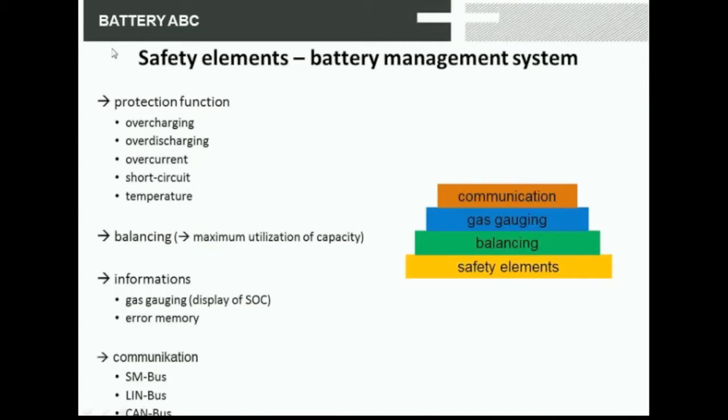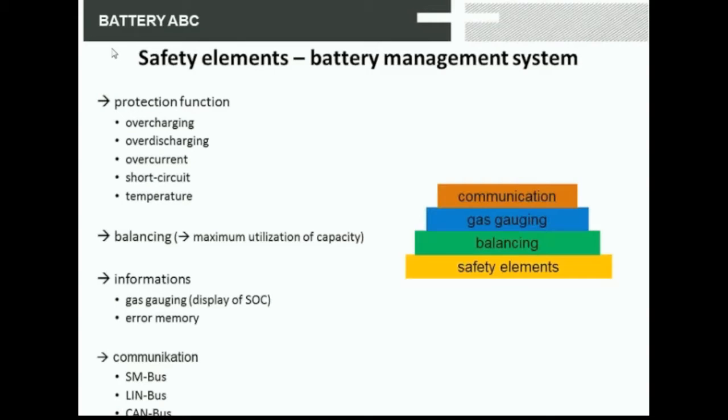The cell itself has to be safe, but this is not the only thing which helps us to make sure that batteries always operate in safe conditions. Very important is the battery management system. This battery management system has a protection function, for example, overcharging, over-discharging, overcurrent, short circuit, over temperature, under temperature.